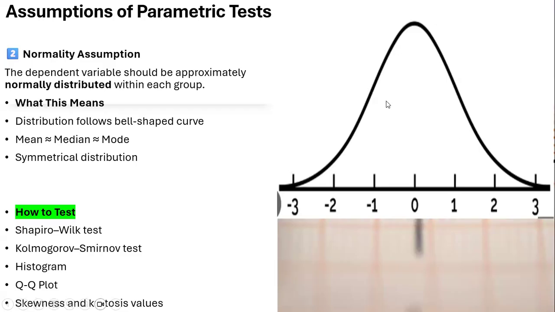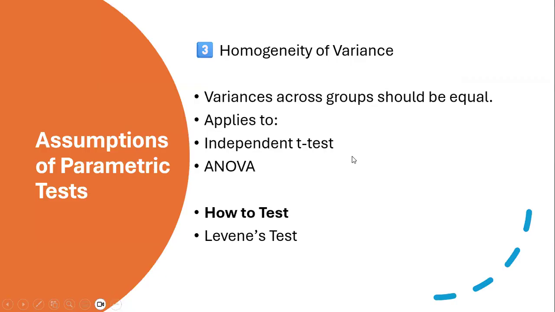It should not also be plateauing somewhere here, but it should be normally distributed. So if you draw a histogram to illustrate your data points on a Cartesian plane, you realize that it will fit within this particular bell shape that we have on our screen. Once you achieve that, then you have also satisfied the normality assumption.